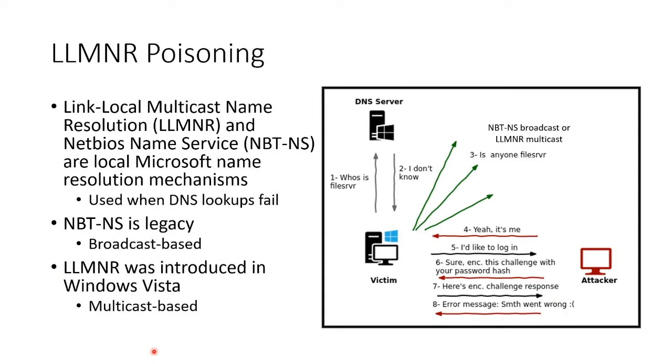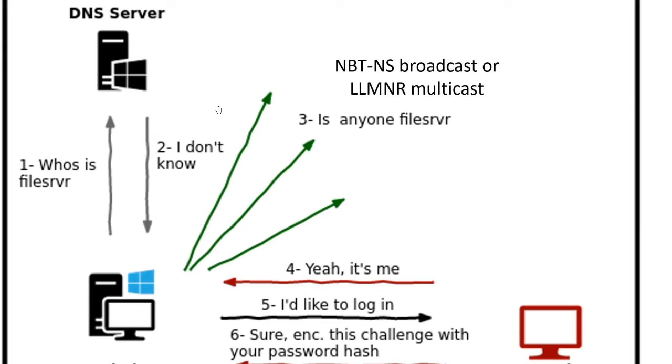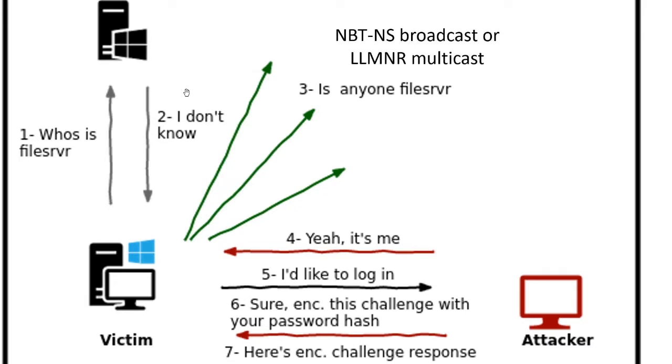So how this whole poisoning thing works. If we look at this diagram right here, we've got a client, a DNS server, and a phony server. I'm just going to scroll up a little bit. So up here's the DNS server. The client is saying, I'm trying to find something, and the DNS server can't help. The client will then do either a NetBIOS or LLMNR broadcast or multicast saying, hey, is anybody out there this server I'm trying to find?